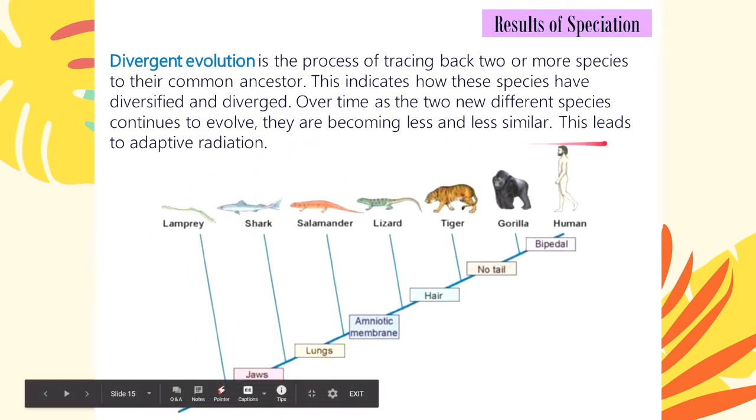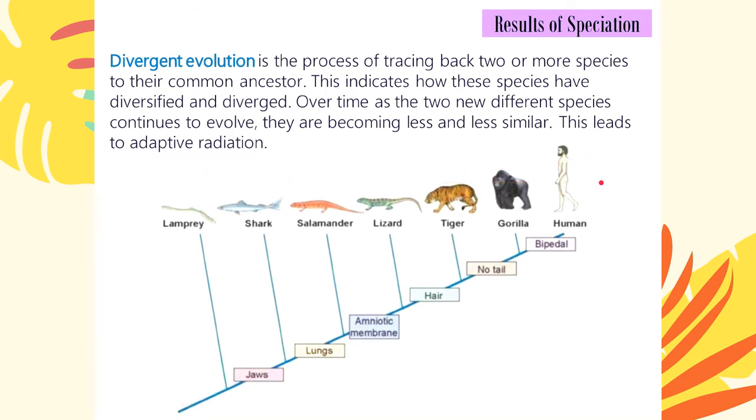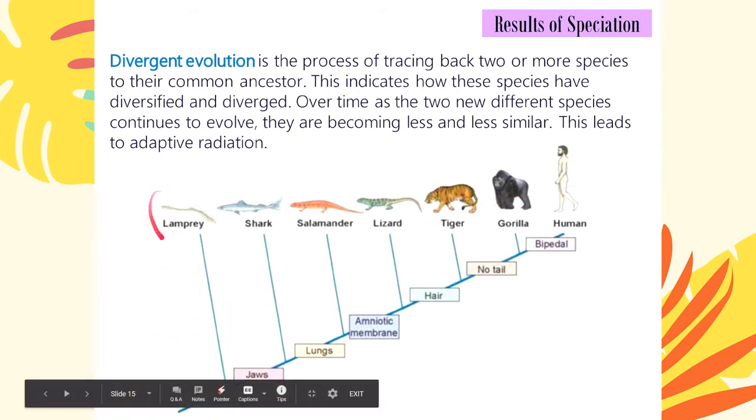So this one is a cladogram of representative vertebrates. All of these organisms, lamprey, shark, salamander, lizard, tiger, gorilla, and humans, share a common ancestor at this point in the evolutionary tree, the phylogenetic tree.